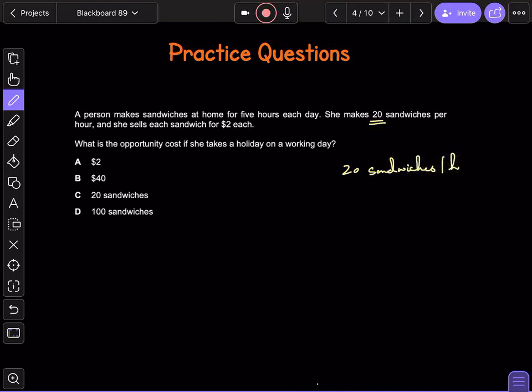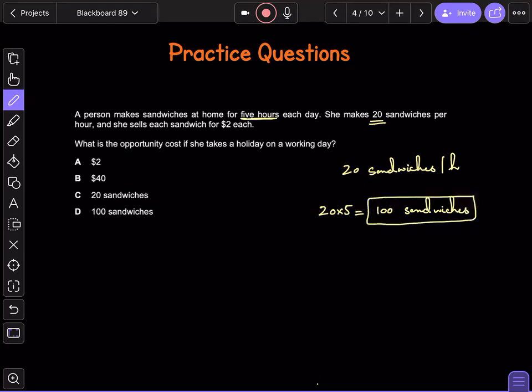And if she works for 5 hours, then she can produce 100 sandwiches. On a working day, she can produce 100 sandwiches.